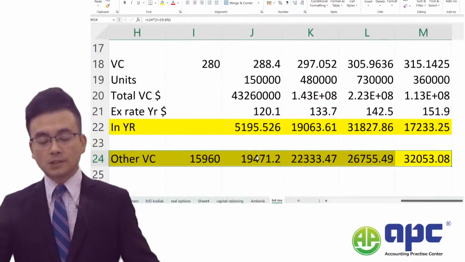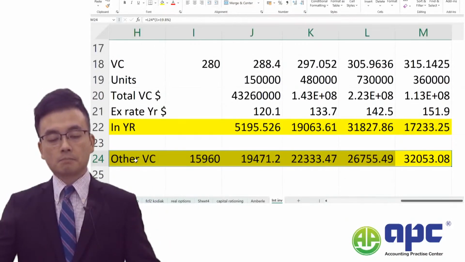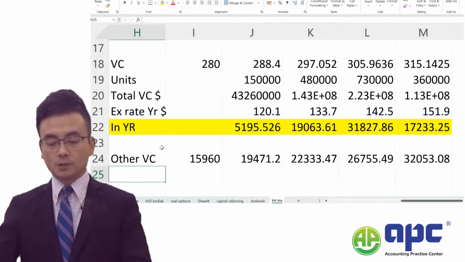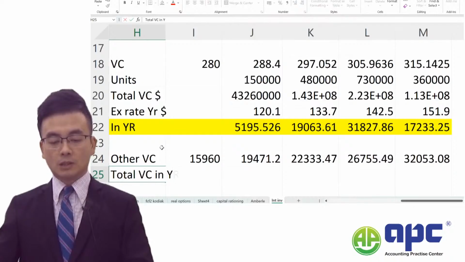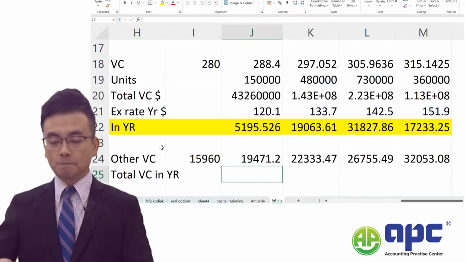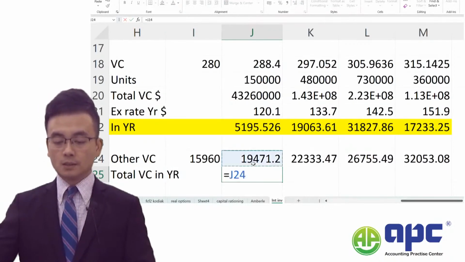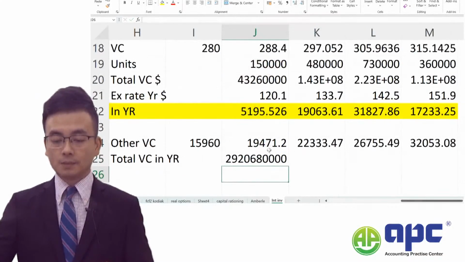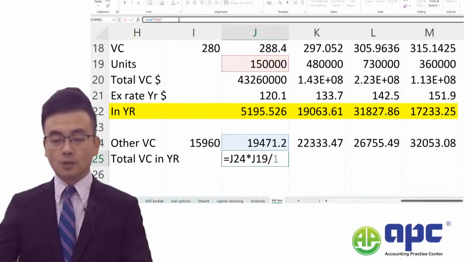But these are in single term, and that's why we will also need to calculate the total term. So for total variable costs in Yulanzi ren, we take the variable cost per unit timing by the number of units, and then we divide by 1 million.